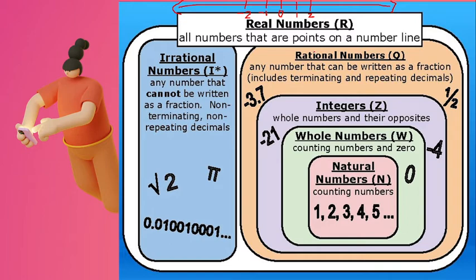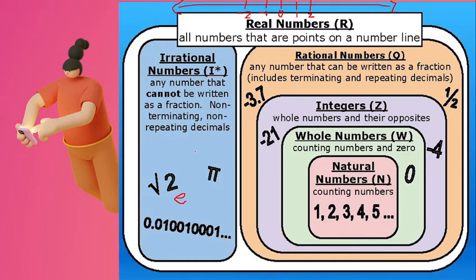First we have the irrational numbers, denoted by I. Any number that cannot be written as a fraction is an irrational number. Examples of irrational numbers are square root of 2, pi, and Euler's number. If you look at your scientific calculator, we have E. It is Euler's number.